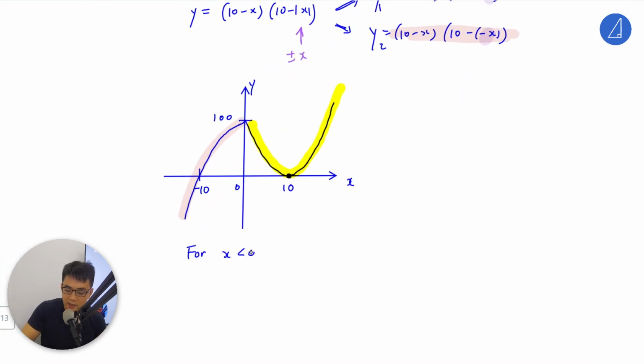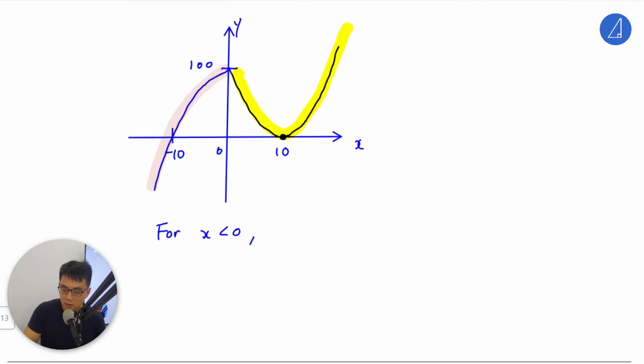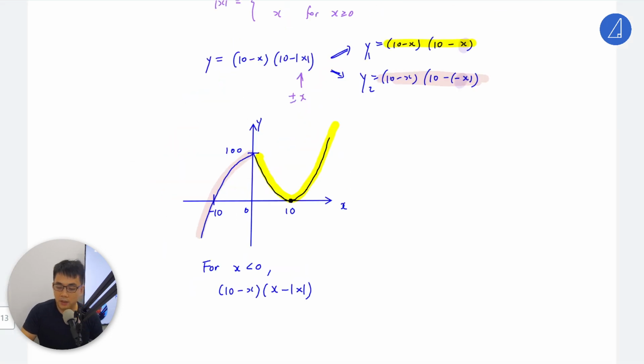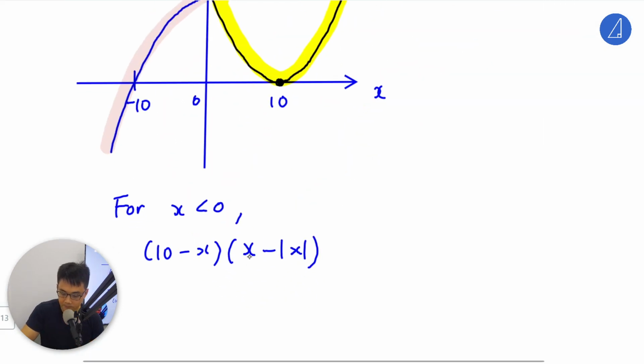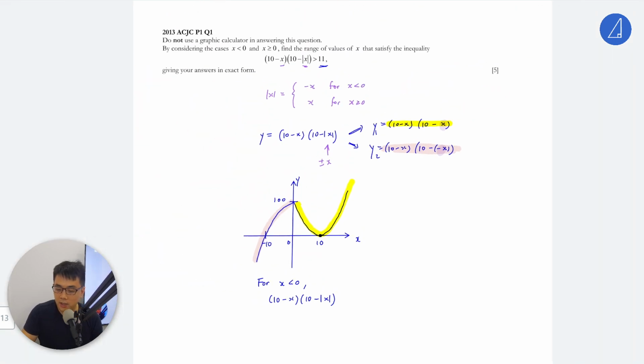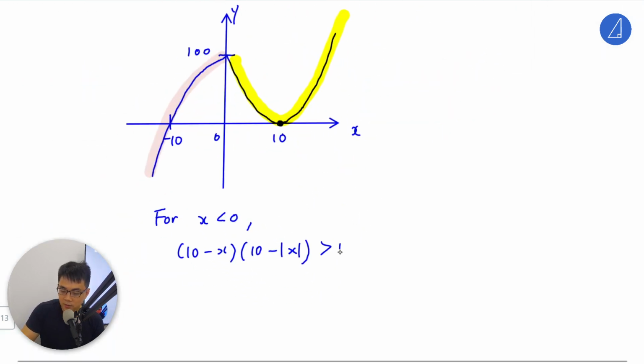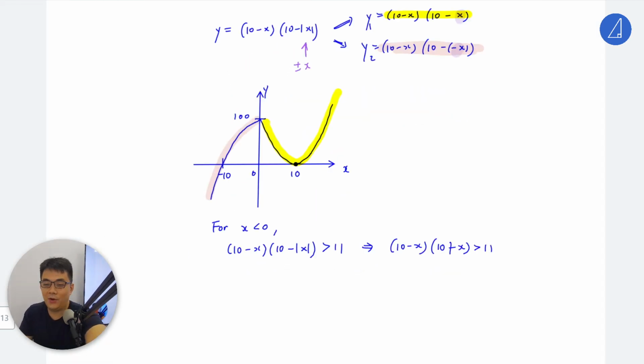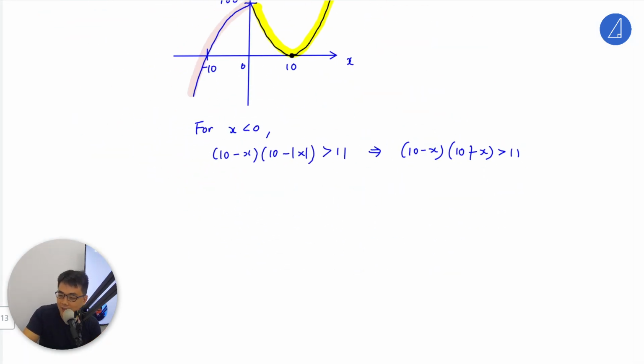So you know that for x less than 0, 10 minus x, x minus mod 11, less than 0, bigger than 0, becomes 10 minus x, 10 minus x, plus x, bigger than 11. This one here, when we solve this, should be okay, right?